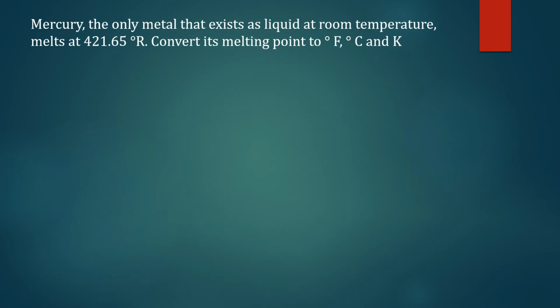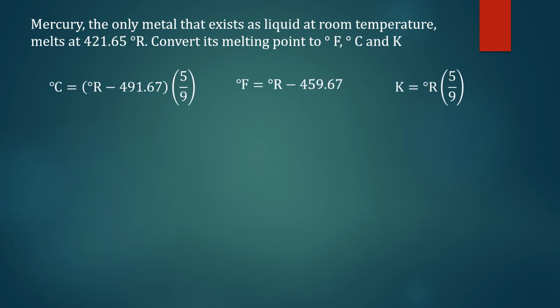So now we will be converting temperature. Mercury, the only metal that exists as liquid at room temperature, melts at 421.65 degree Rankine. Now convert its melting point to degree Fahrenheit, degree Celsius, and Kelvin. So here are the conversion factors for it.